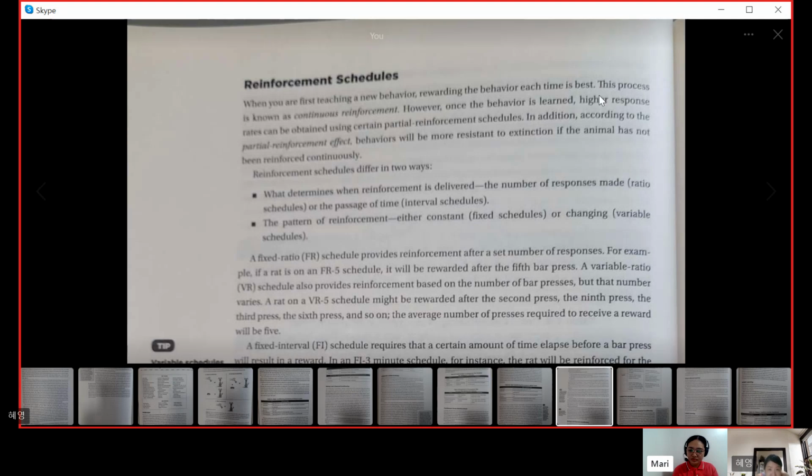However, once the behavior is learned, higher response rates can be obtained using certain partial reinforcement schedules. In addition, according to the partial reinforcement effect, behaviors will be more resistant to extinction if the animal has not been reinforced continuously.